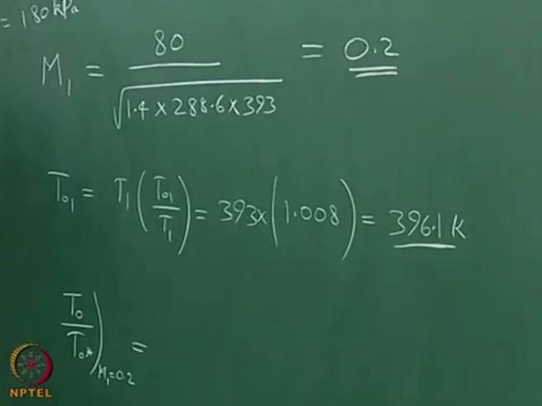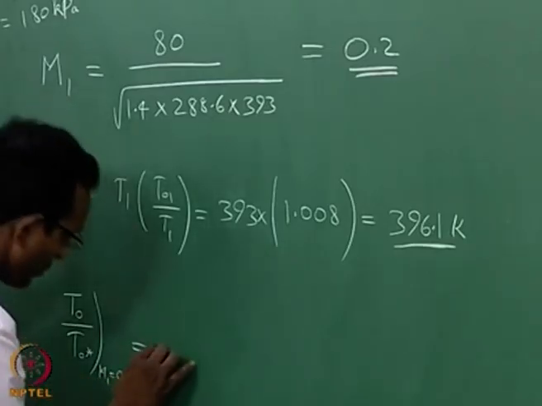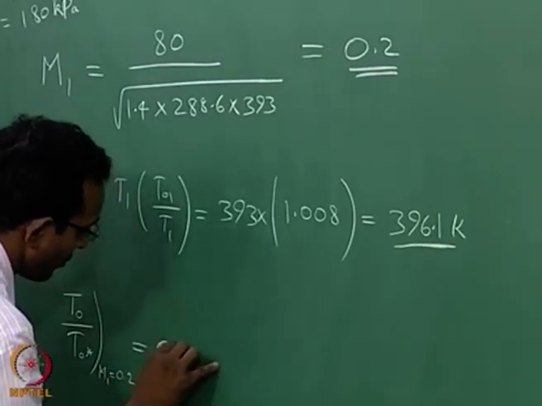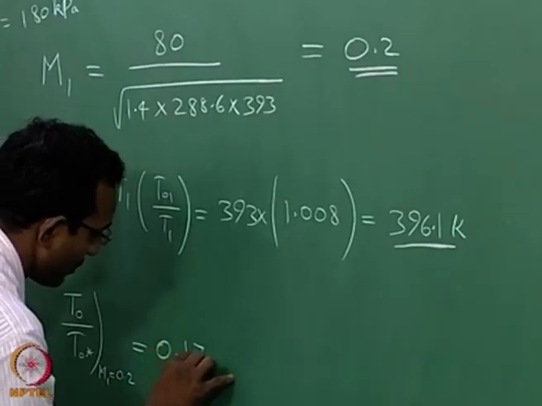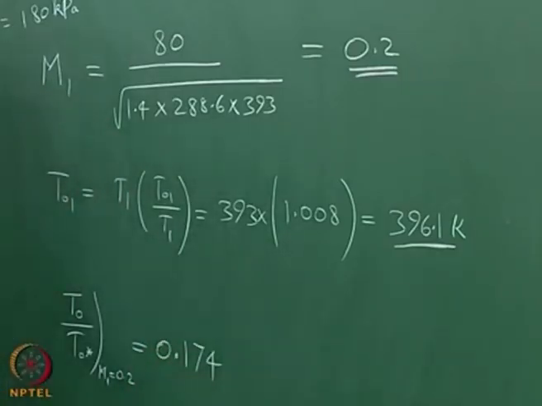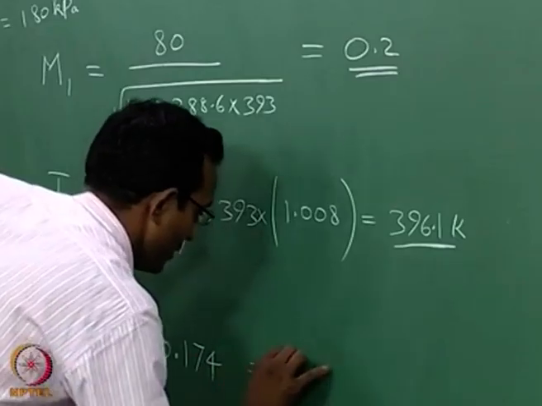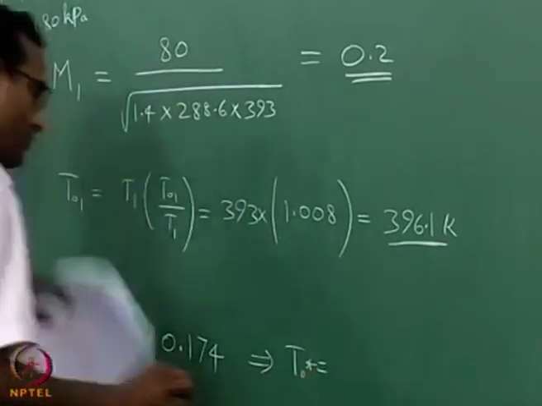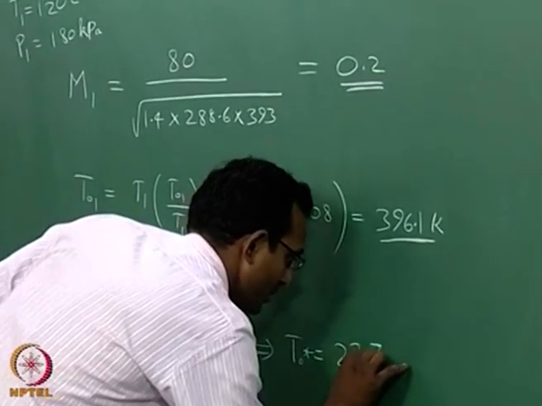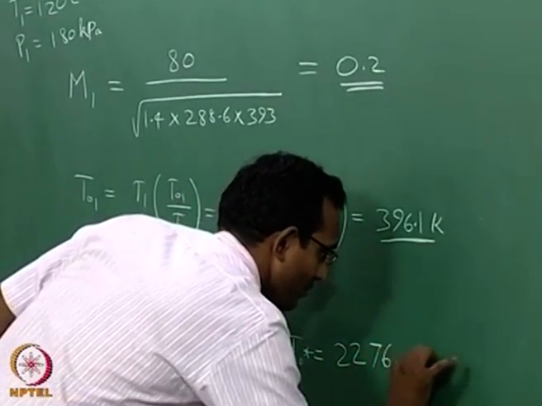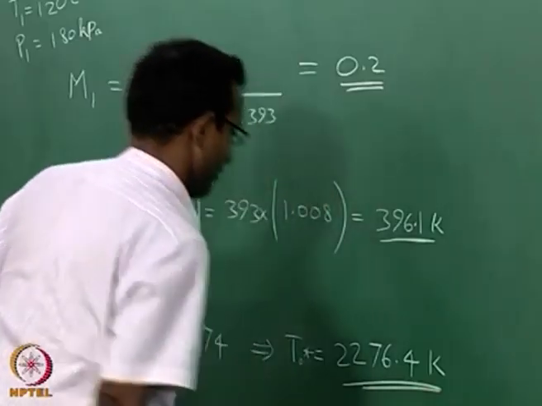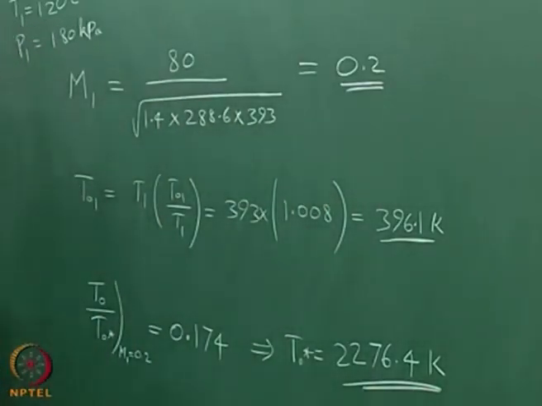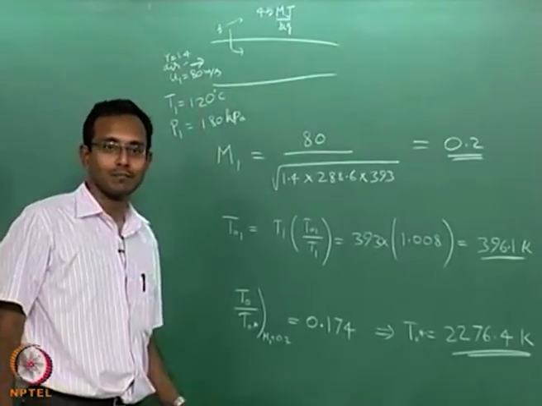T naught by T naught star for M1 equal to 0.2 for gamma equal to 1.4 happens to be 0.174. So this is going to give me a T naught star value of 2276.4 Kelvin.